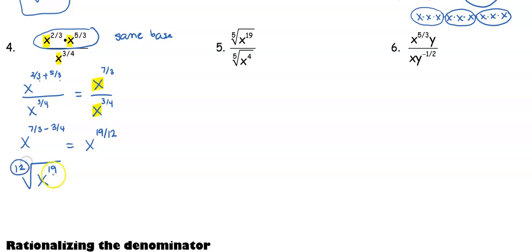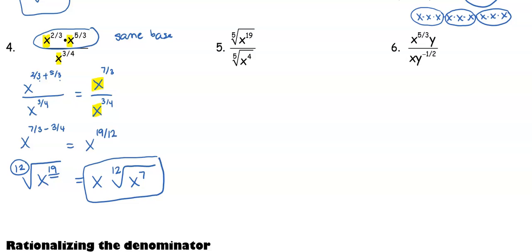I need groups of 12 and I have 19. I have enough to pull a group out. I can pull one group of 12 out. And if I need 12 in a group and I have 19, that means that I am leaving 7 on the inside. But it's still the 12th root, x to the 7th power.